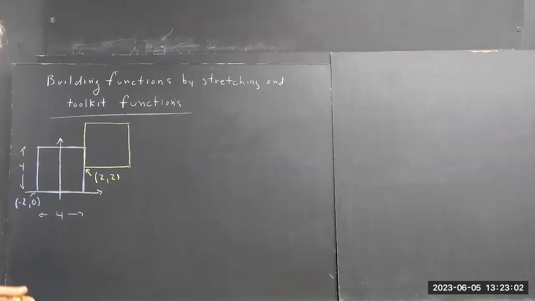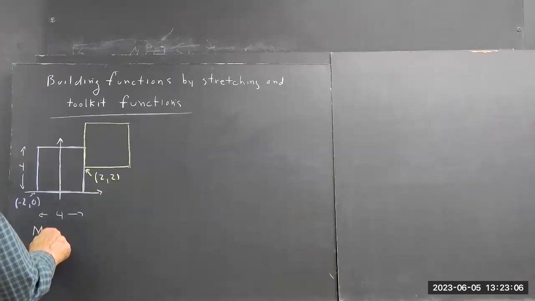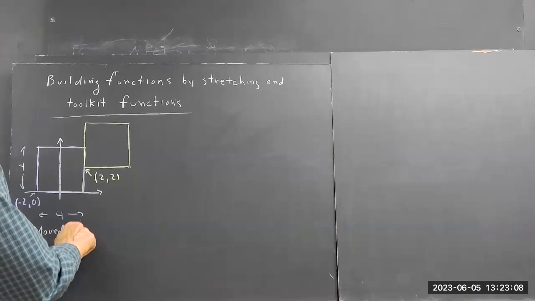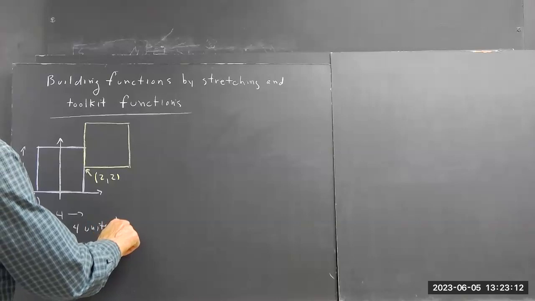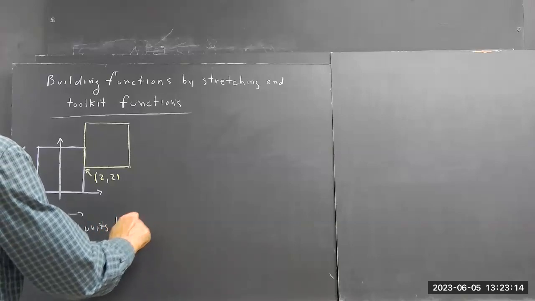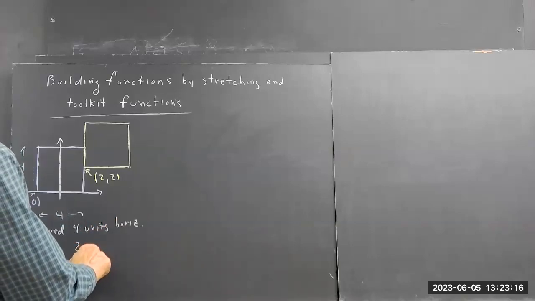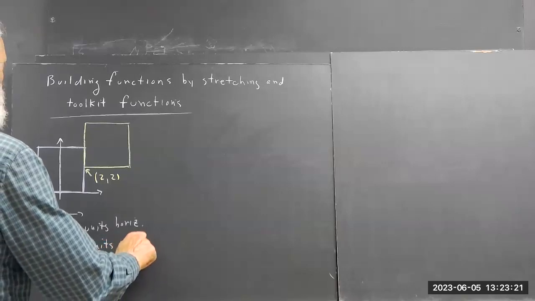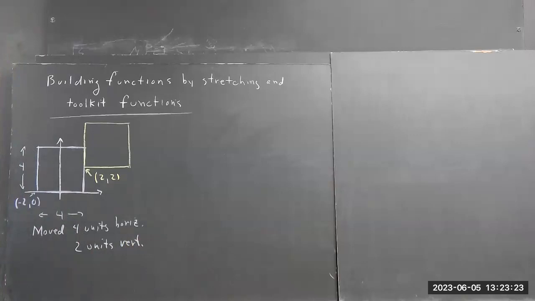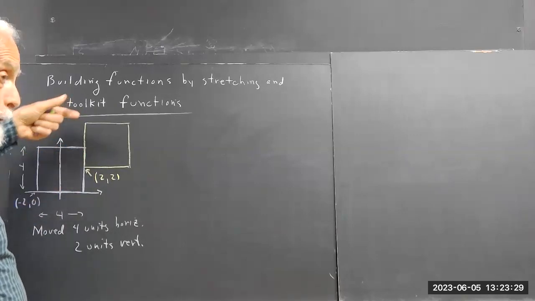Okay, so we moved four units horizontally and 2 units vertically. And every point of this box moves over 4 units and up 2 units.